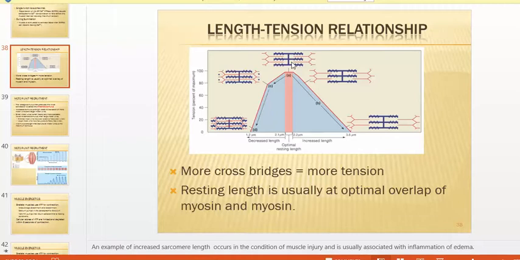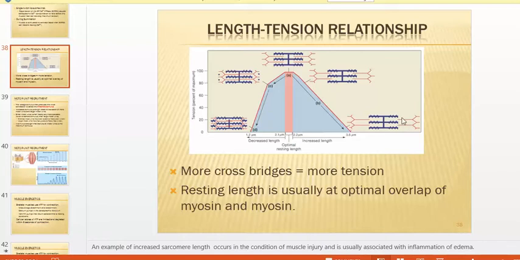So it's basically showing the cross bridging and the distance between the actin, and the position at which you can best generate the most forceful contraction. That's the way I always see this.